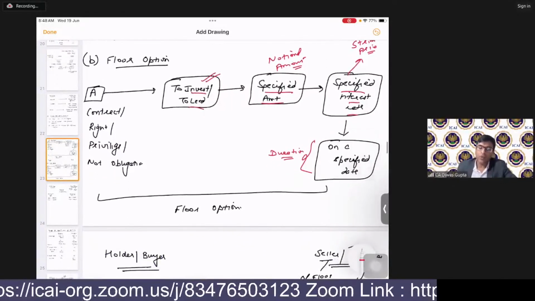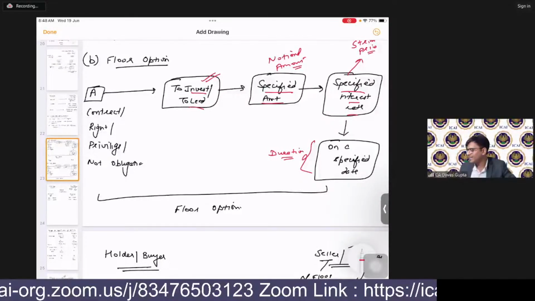Now, why is it called a floor option? Come on, students, tell me. I can expect some answer.